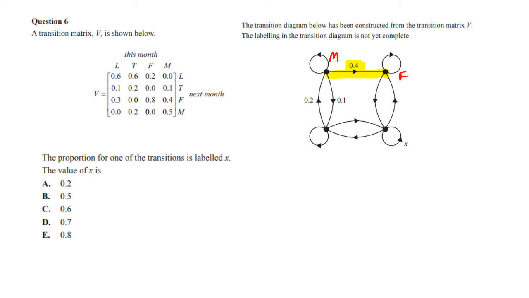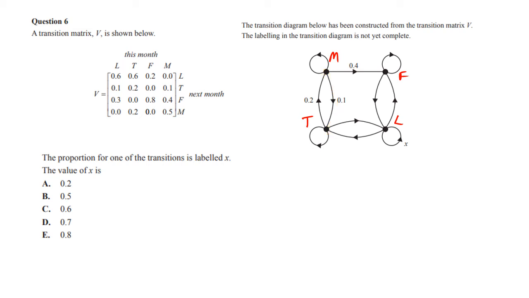That's pretty cool, isn't it? And if this is M, and going out of it is this 0.1, well, that's this 0.1, and that's going from M to T. So if we follow the arrow, this must be T. And we don't know what the other letter is, except, well, it's only one place left, so that must be L. So now we've got all our vertices labeled.